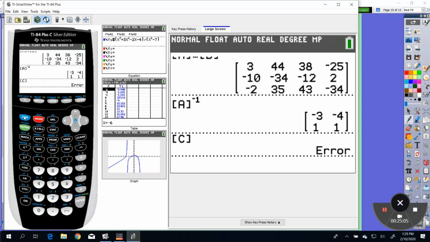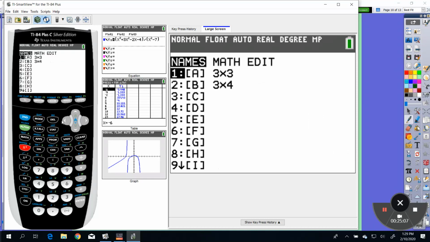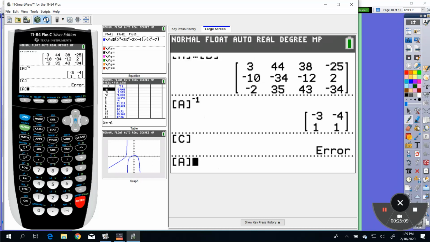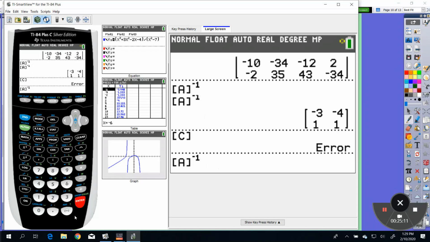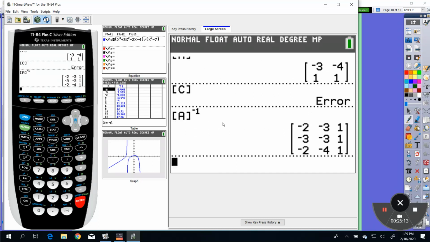So I go out of it. Second matrix A inverse. And there's my inverse: negative 2, negative 3, negative 2, negative 3, negative 3, negative 4, 1, 1, 1. So that's what you write down as your answer.